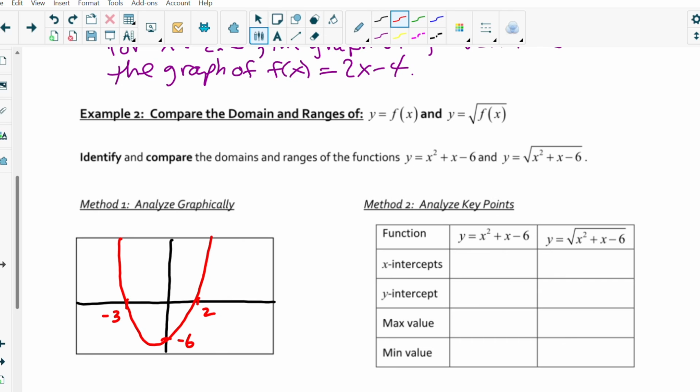This is my graph of y1 equals x squared plus x minus 6.